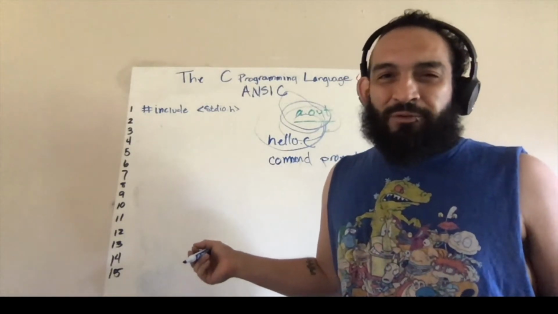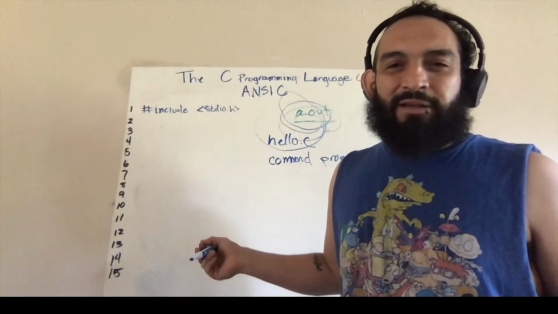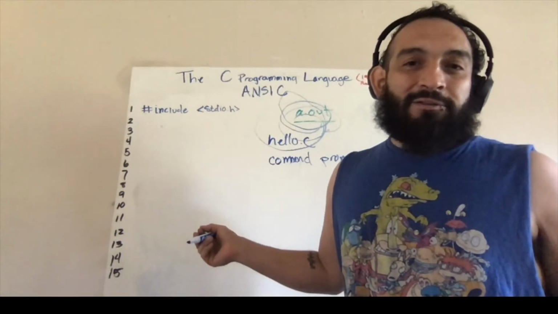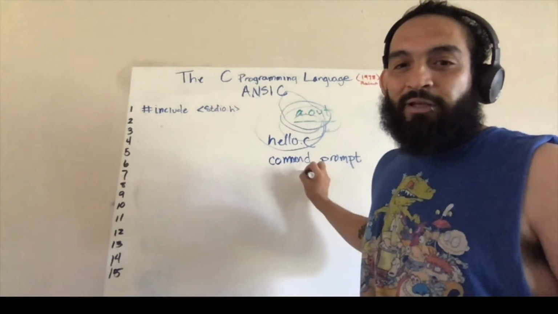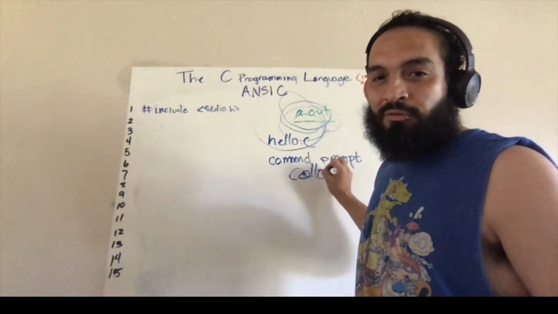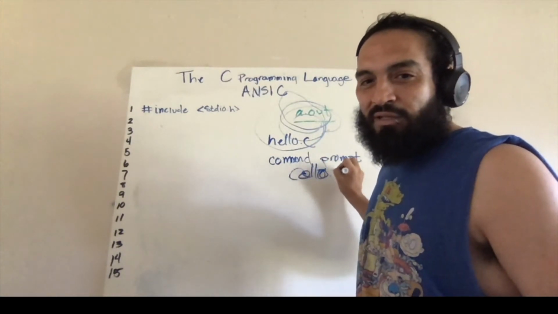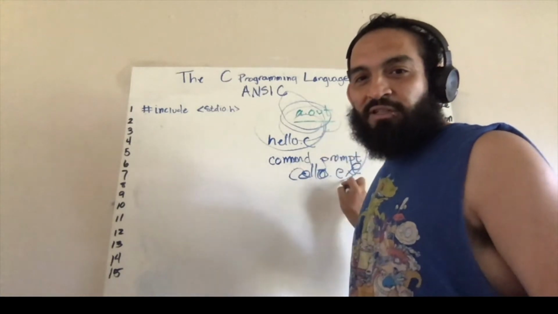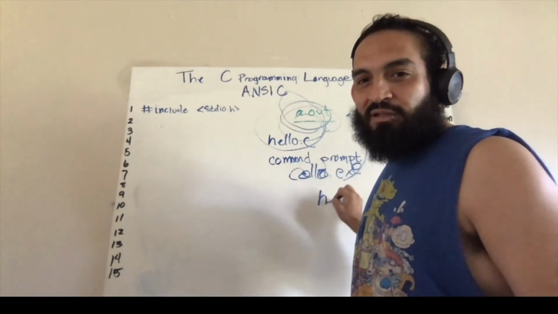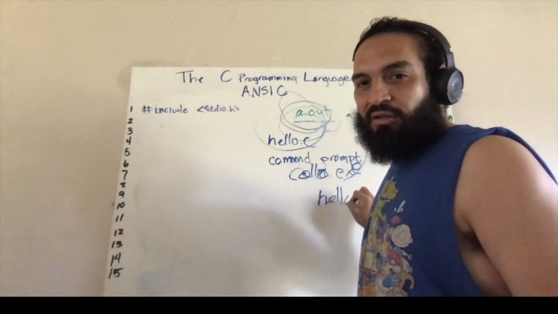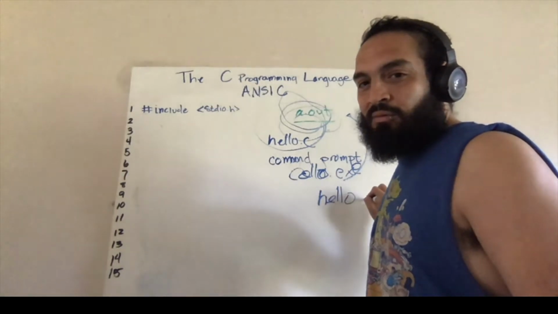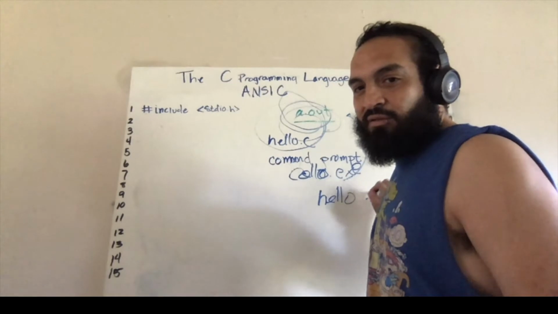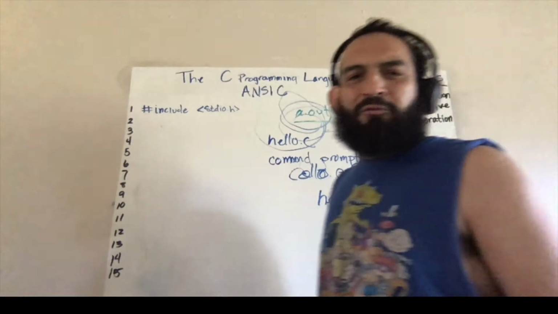If you're using Windows, what type of program files are downloaded for Windows? Executable files, .exe. So you're going to want to name it hello.exe. You're going to change a.out to that, and it'll format it to be a Windows type program.